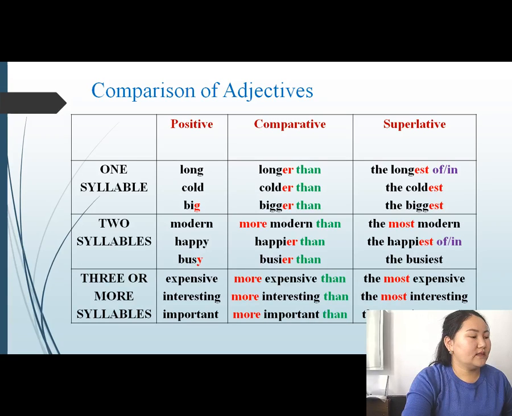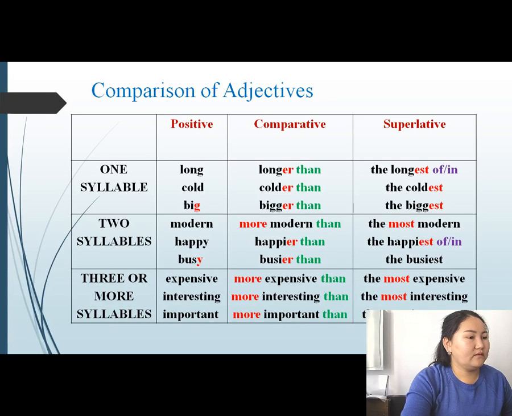Next, two syllables. Adjectives with two syllables can form the comparatives either by adding er or by preceding the adjective with more. And the superlative adjectives are made by adding the ending est or by preceding with most.